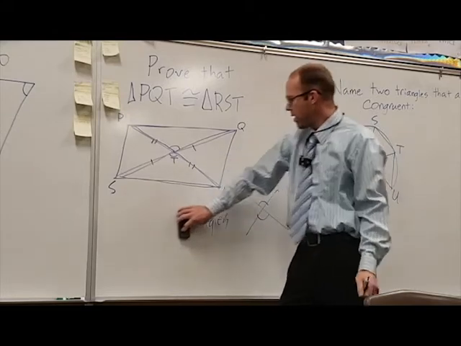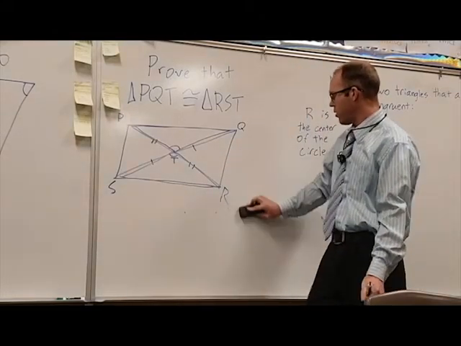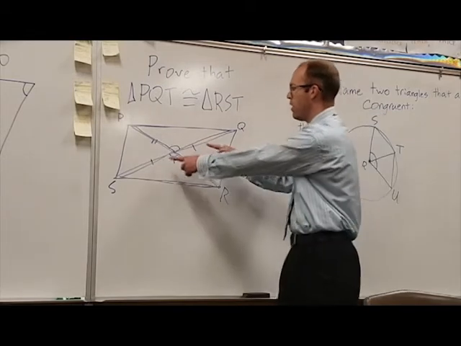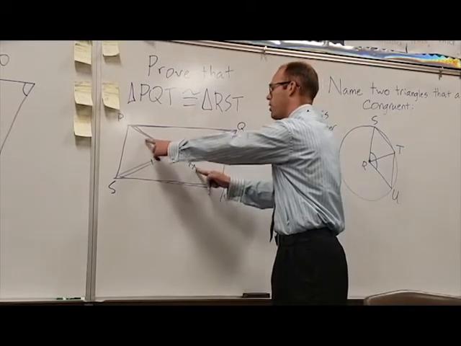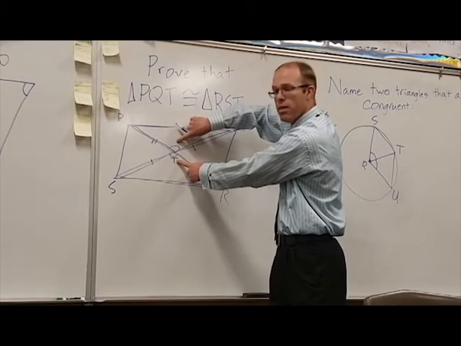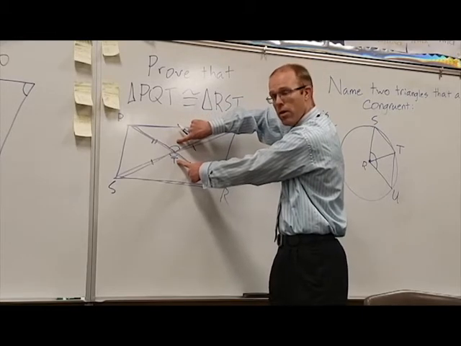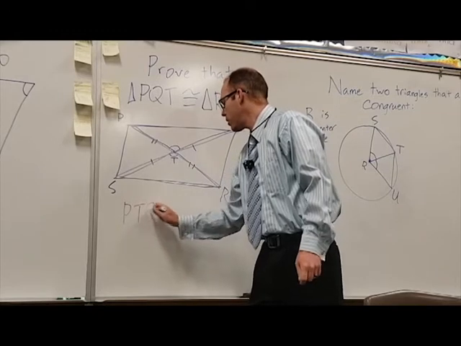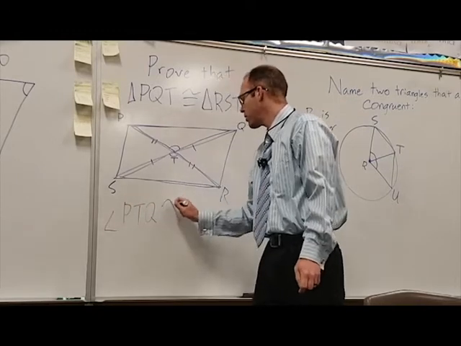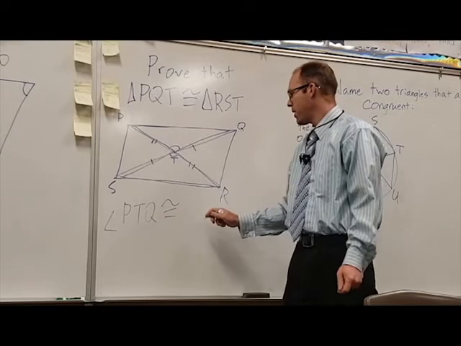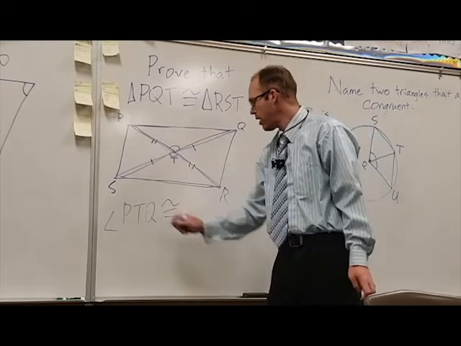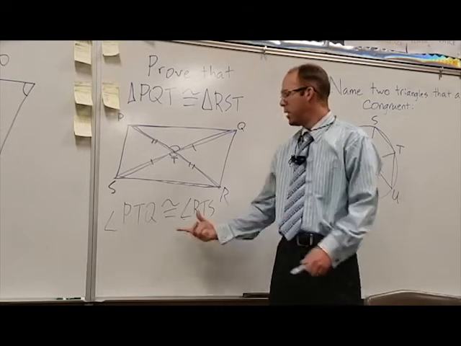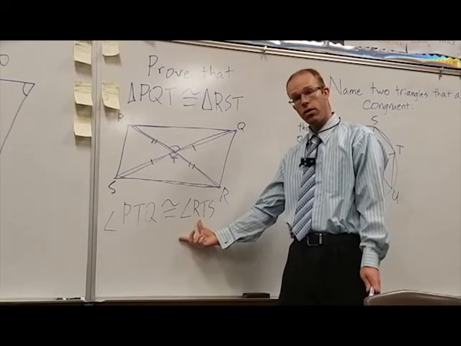And we can say by the side angle side congruence theorem, these two triangles are congruent because we have a congruent side here, a congruent side here, and we would need to make the statement that these two angles are congruent. Angle PTQ is congruent to angle RTS because they are vertical angles.